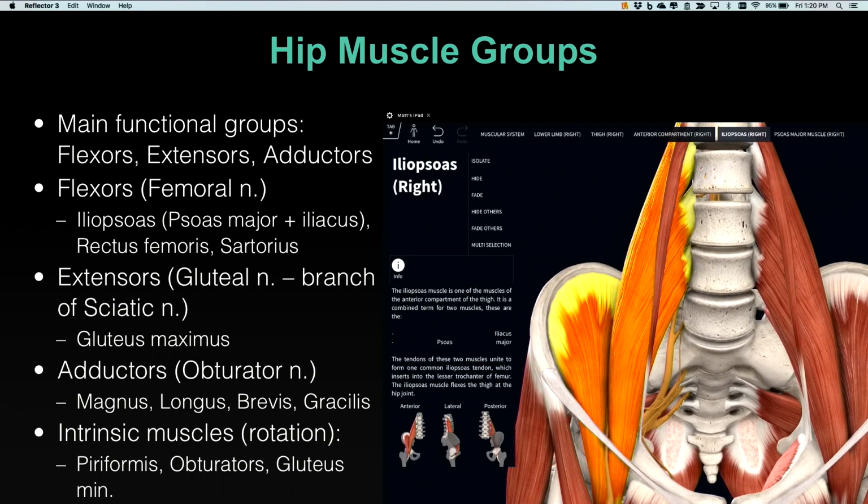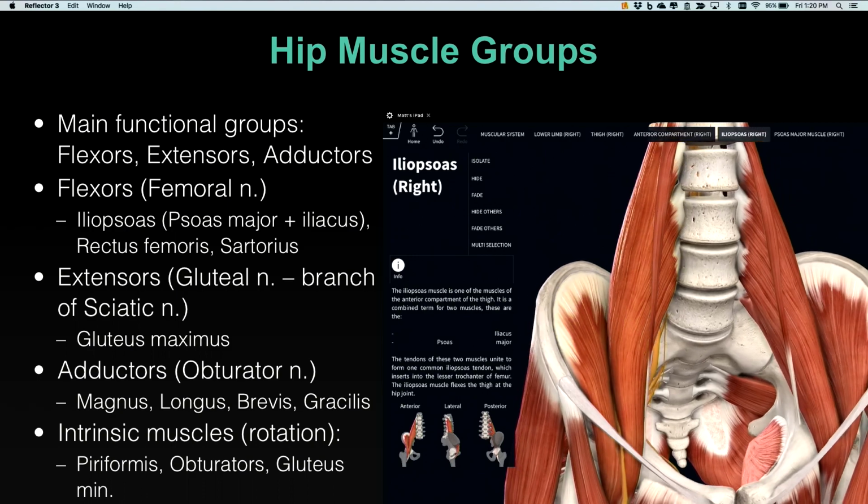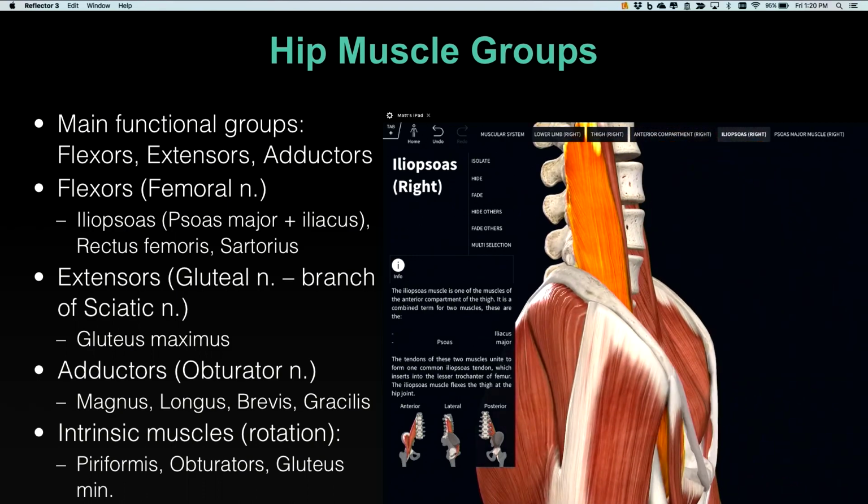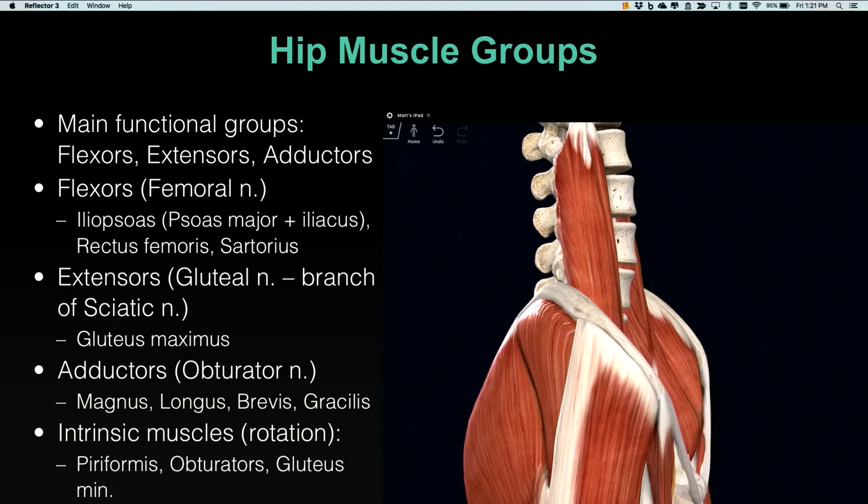Iliopsoas, this large muscle made up of two individual muscles. Psoas major is the one shown on the right here that originates from the bodies and the transverse processes of the lumbar vertebrae. And you can see that clearly shown here.